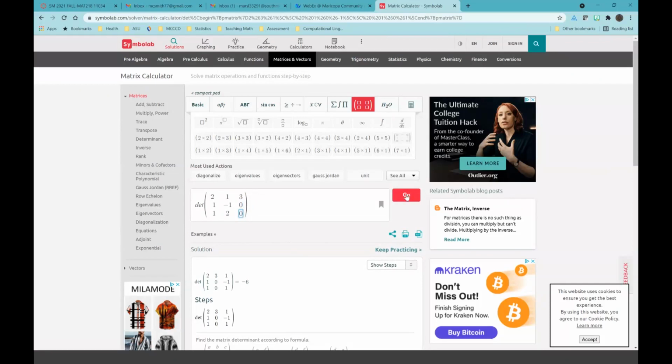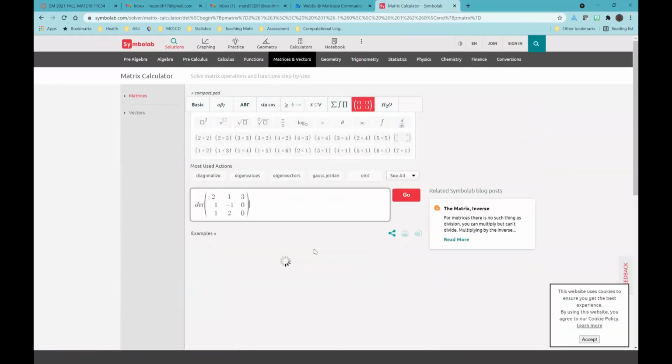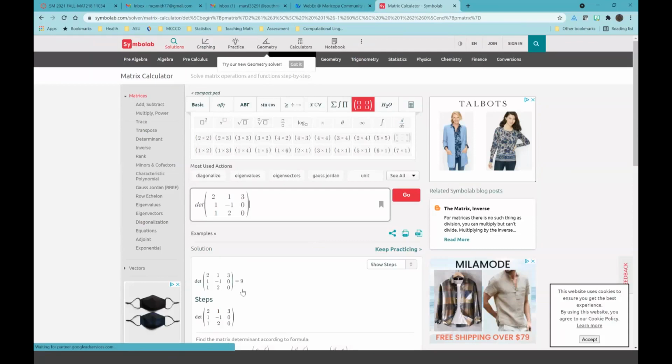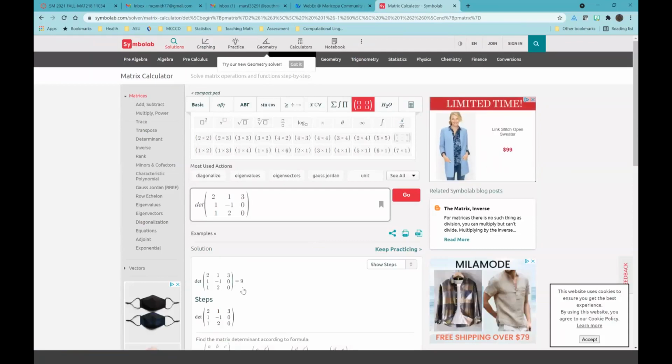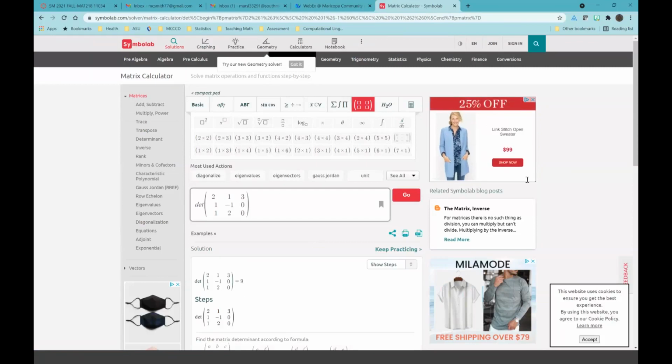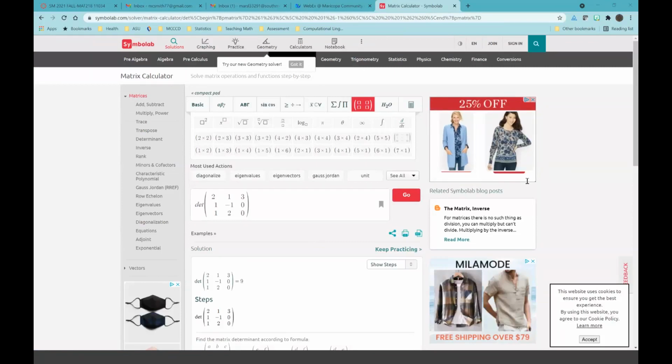Then I'm going to find the determinant of that. You can see that because this is kind of like an app, I can just go in and edit things. I don't have to retype everything from scratch. All right, so that gave me a determinant of 9. Okay, everybody okay with finding the individual determinants?